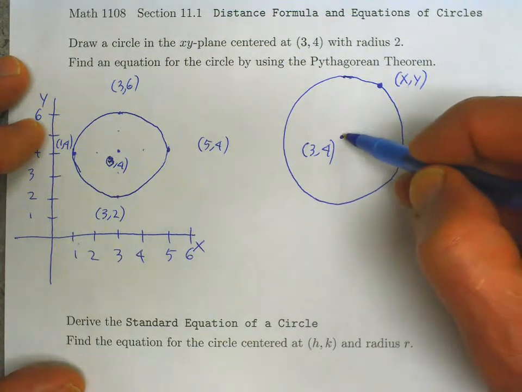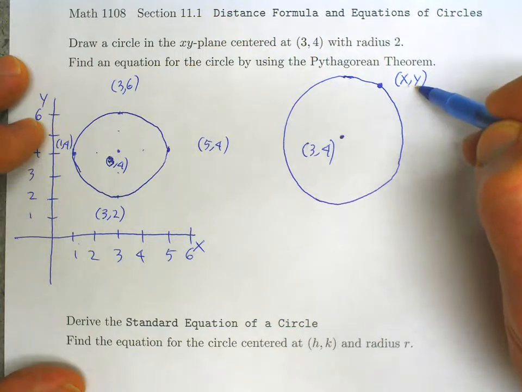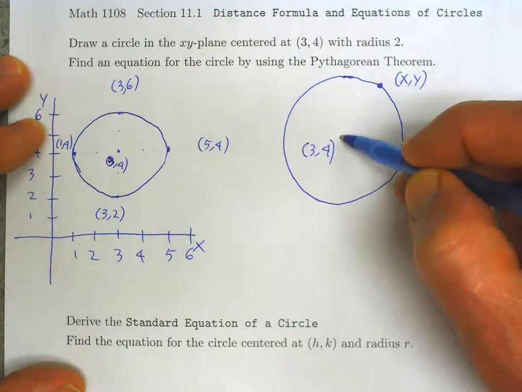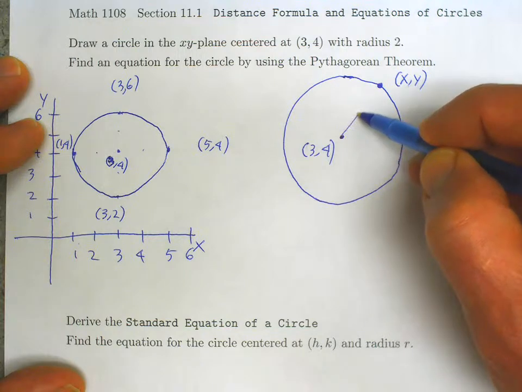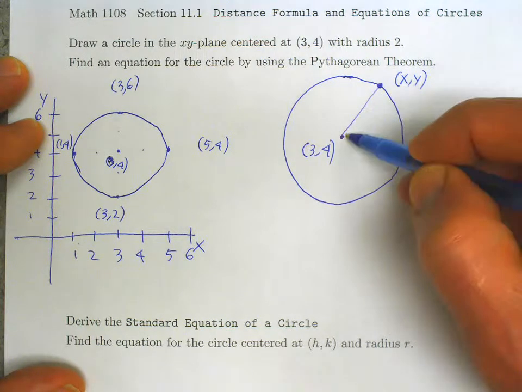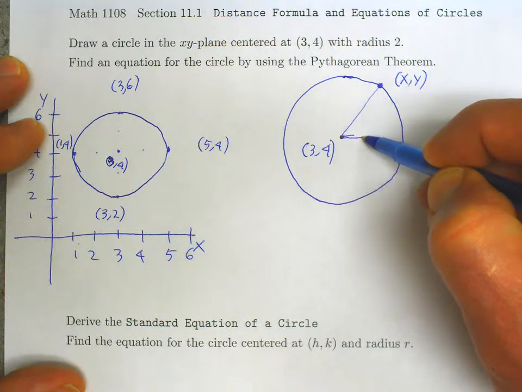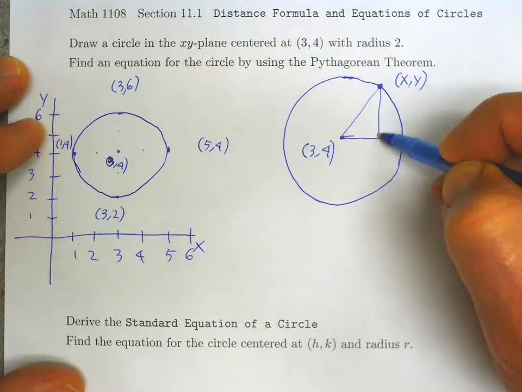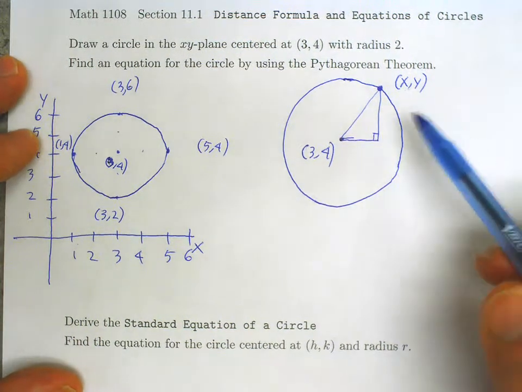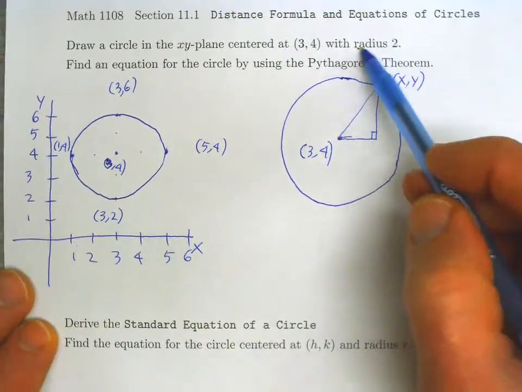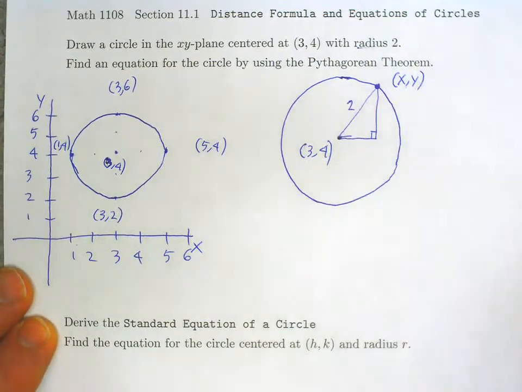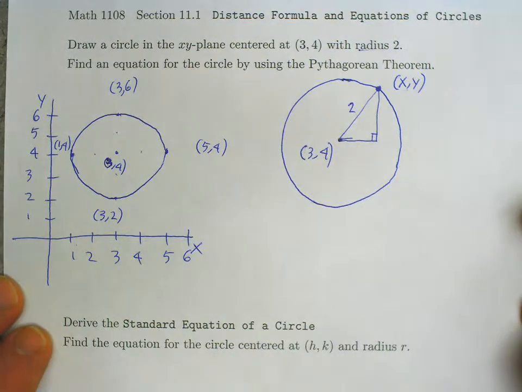And then I'm going to derive an equation for this particular circle by constructing a right triangle and using the Pythagorean theorem. Okay, so the radius of this circle is given to be 2. So the hypotenuse of that right triangle is length 2.